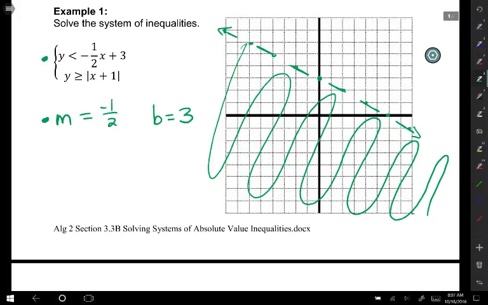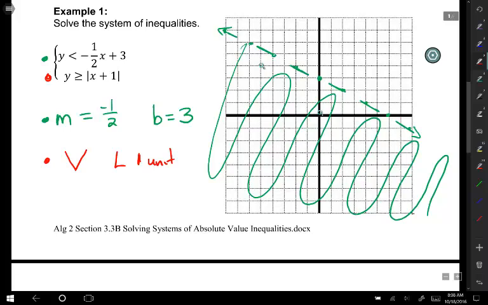All right, now we go to absolute value. Switch colors to red. Is this a normal V or is it a mountain? Normal V. Is it shifted up or down, or is it shifted right or left? Left. Okay, so it is left 1 unit.